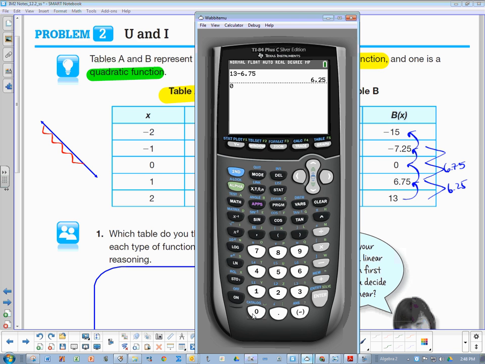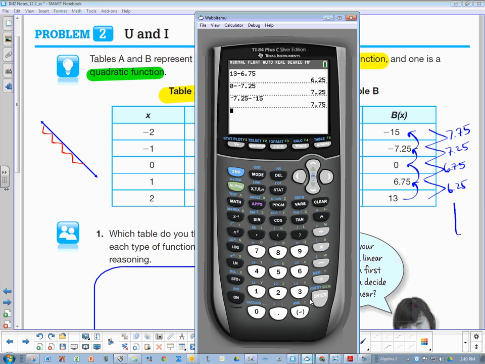That looks like it's going to be 7.25. That's pretty easy, right? And finally, right here, let's do negative 7.25 minus a negative 15. I'm trying to find the distance between them, and that's going to be 7.75.